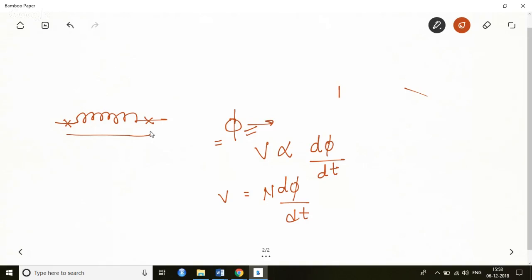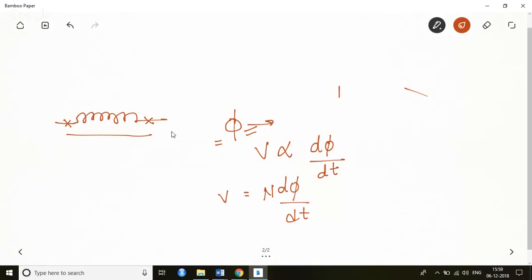The voltage difference will only exist till the time the magnetic field is varying. If there is a constant magnetic field, there would be no voltage difference developing across this particular coil.